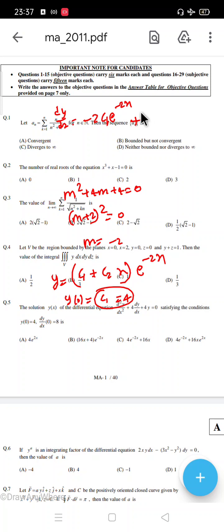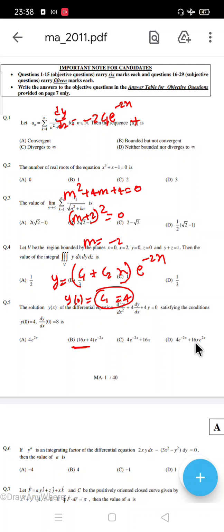See, if I go with the options, then option B seems to be the correct one. 4 into 2 raised to x, that is definitely not going to be 0. 4 into e raised to 2x, and this is saying 16x only, but this is also not true.